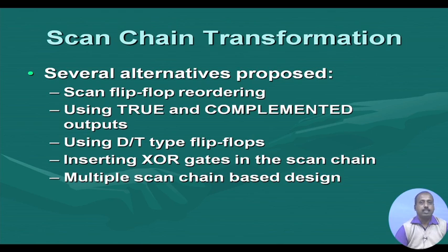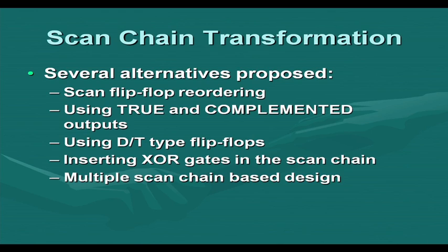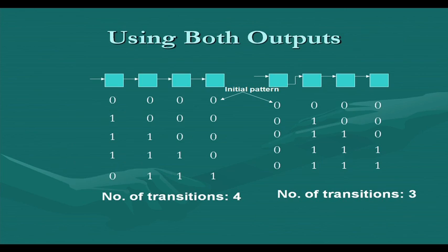Sometimes we modify the scan chain by putting some additional gates into the circuit, and most of the time an XOR gate is put, because an XOR gate has the possibility of complementing the input. That way XOR gates are used in many cases, and we have multiple scan chain based designs. That is also there in many situations.